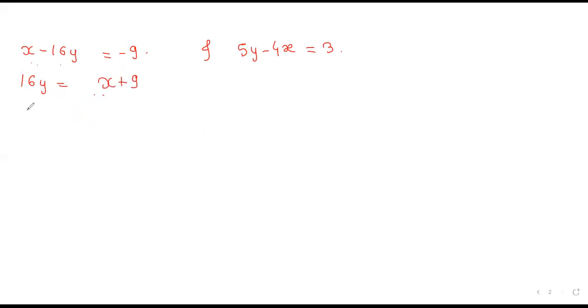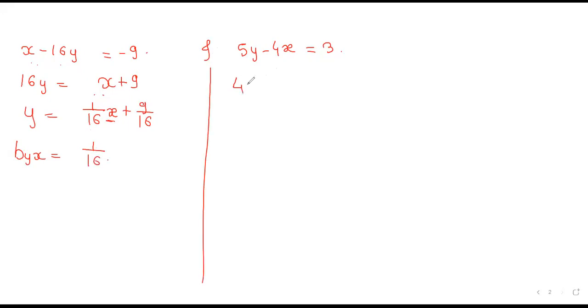Okay, now we write y is equal to 1 upon 16 x plus 9 upon 16. Now the coefficient of x is byx, so we write here byx is equal to 1 upon 16. Now we write this equation as 4x is equal to 5y minus 3.